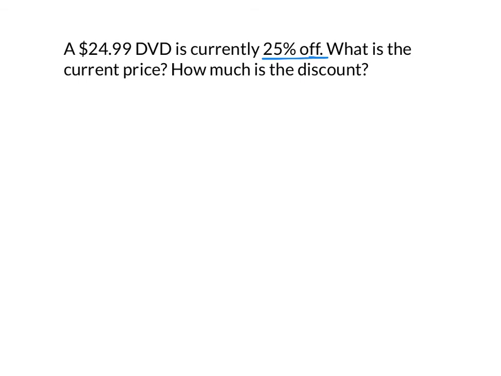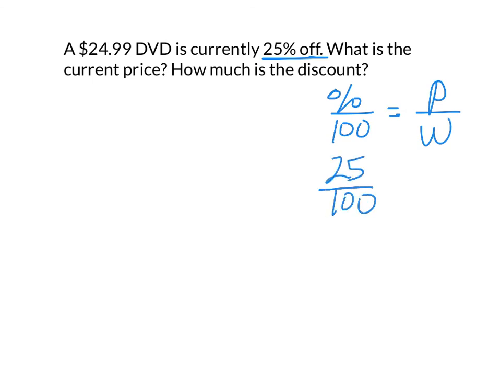So let's find the discount first, and I'll do that one over here. Percent over 100 equals part over whole. Well, the discount, 25 over 100 equals, the part is what I'm looking for, the whole is $24.99.